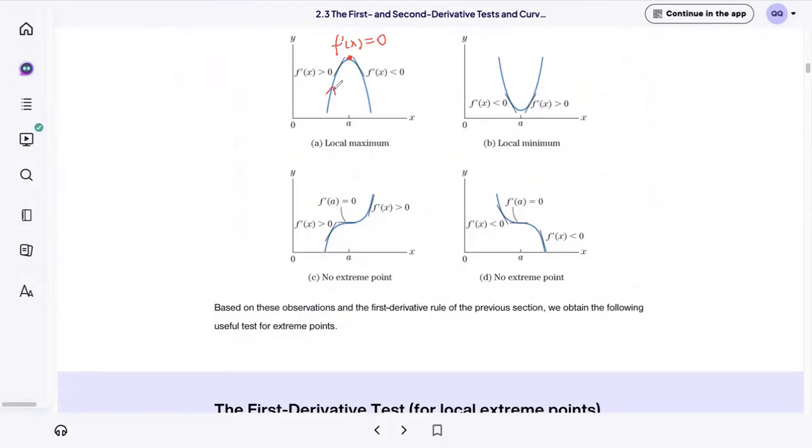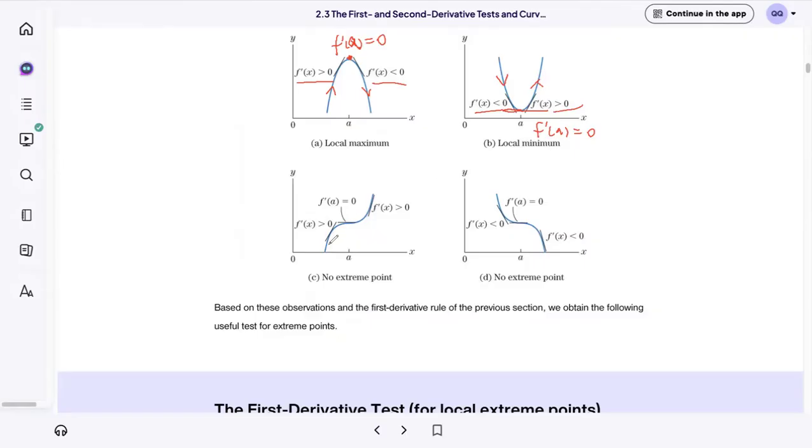And the function increases on the left-hand side, so we know the first derivative is positive. The function decreases on the right-hand side, so the first derivative is negative. And we have a maximum point here. So I should say this is f prime of a. So f prime of a equals 0, a critical point. On the left-hand side, the function decreases, so the derivative is less than 0, negative. On the right-hand side, the function increases, so the first derivative is positive.